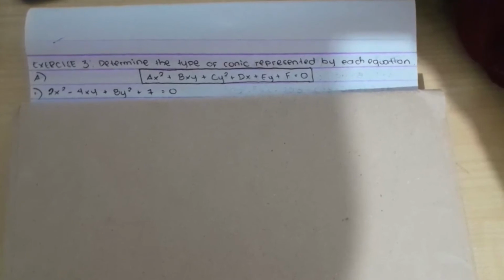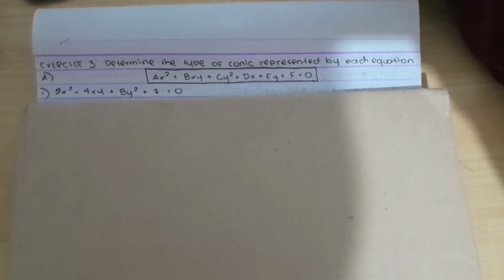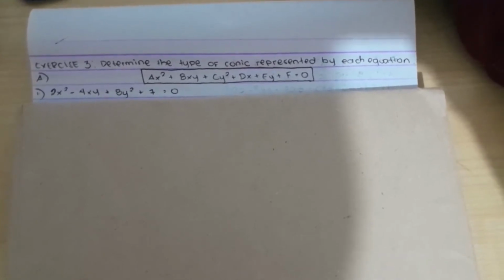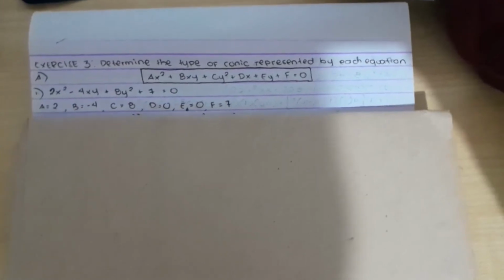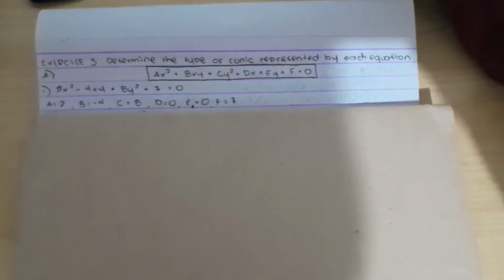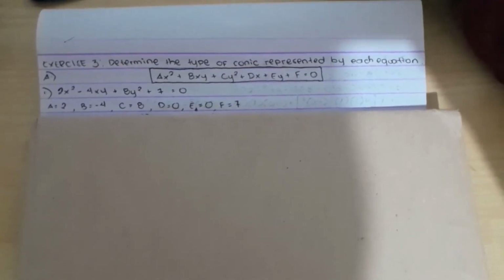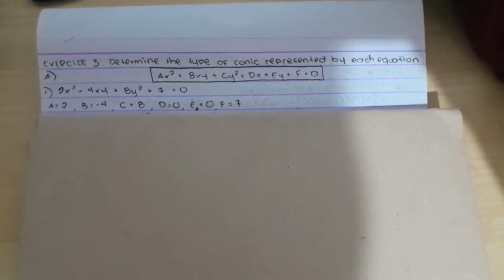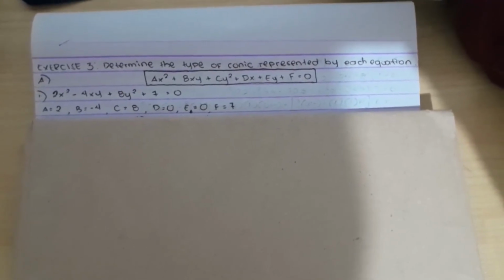So, for question number 1 is 2x squared minus 4xy plus 8y squared plus 7 is equal to 0. Ayan yung mga coefficient natin, which is yung a is equal to 2, yung b natin is equal to negative 4, yung c is equal to 8, and d is equal to 0, and then yung e is equal to 0, and yung f is equal to 7.